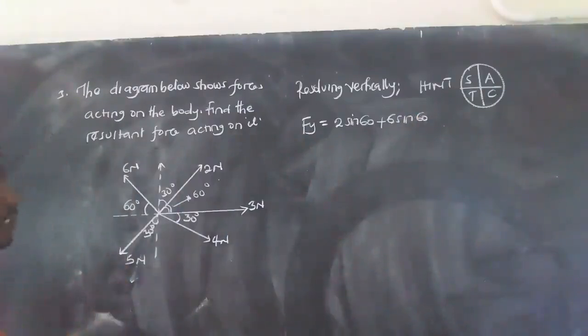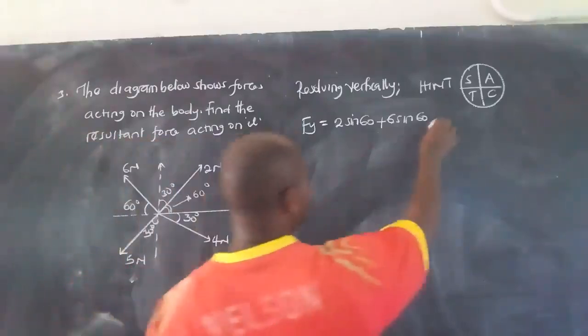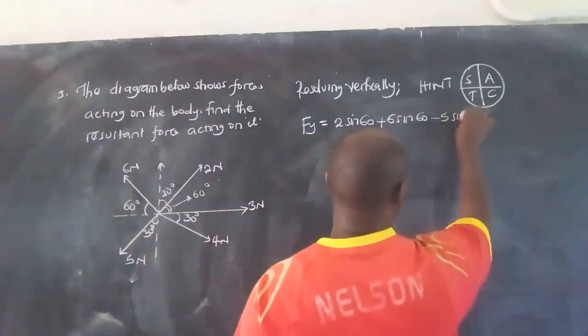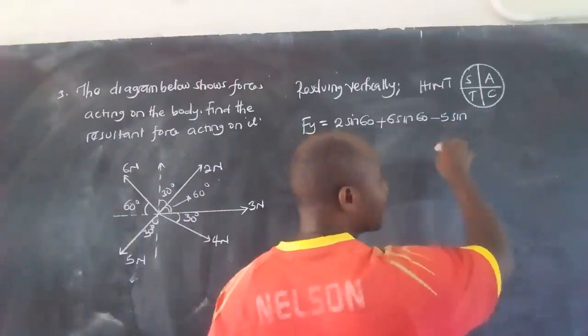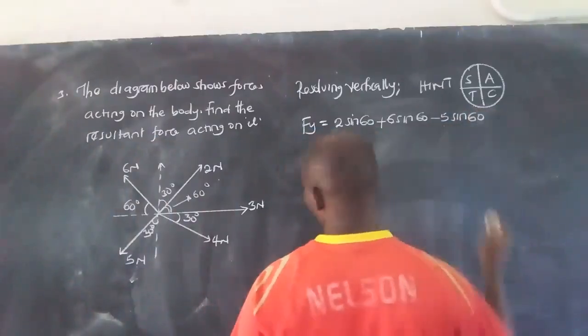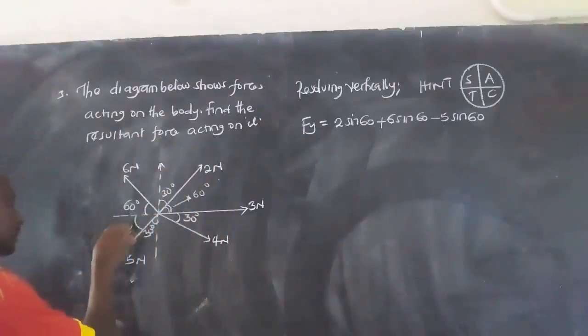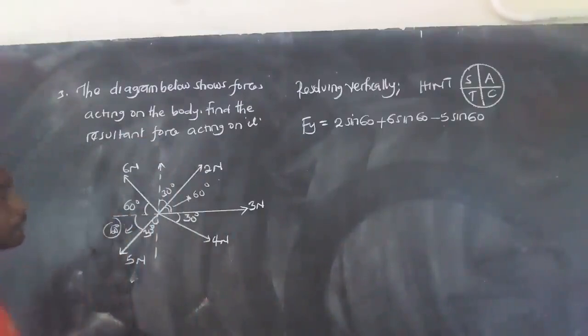This is minus because it is in tan. So it is minus 5 sine. What's the angle 5 makes to the horizontal? The angle it makes to the horizontal is 60. This is 60 degrees, okay?